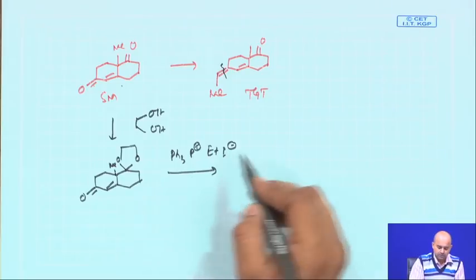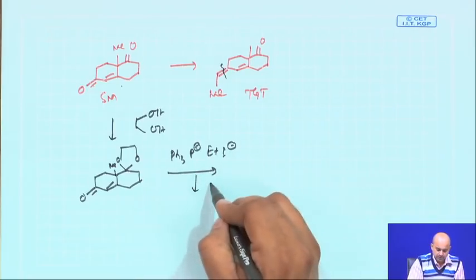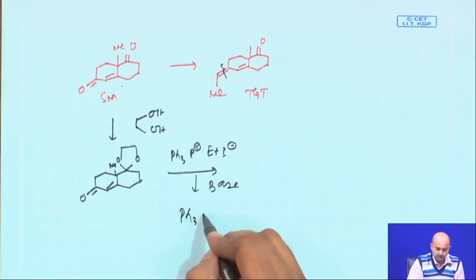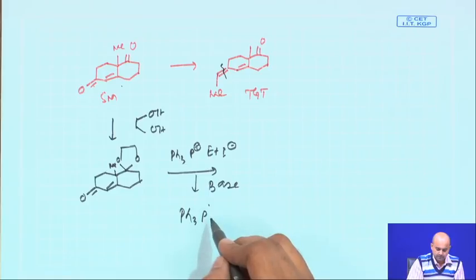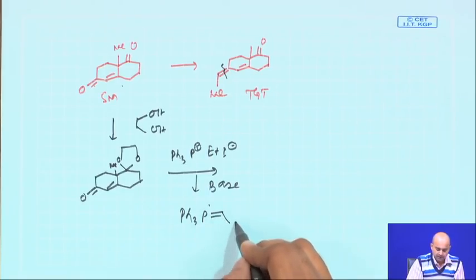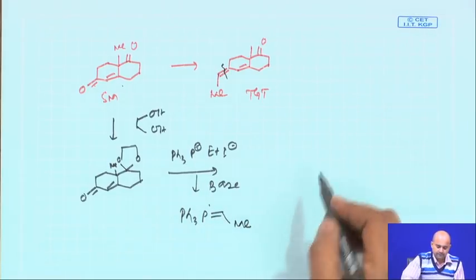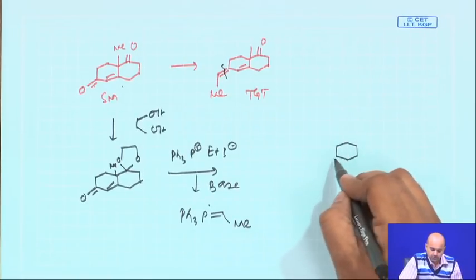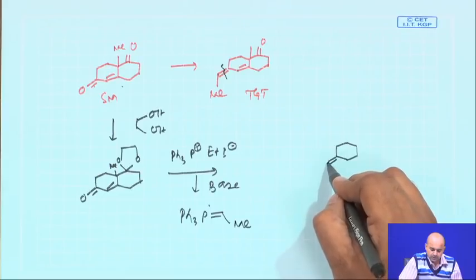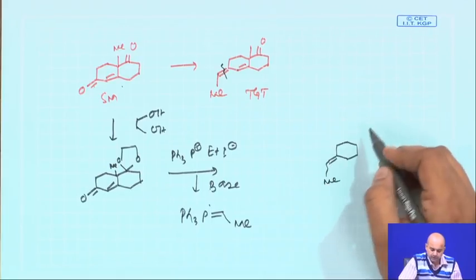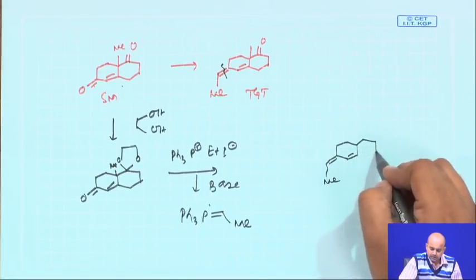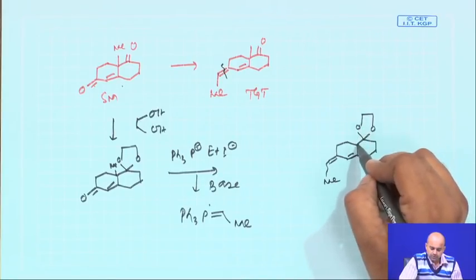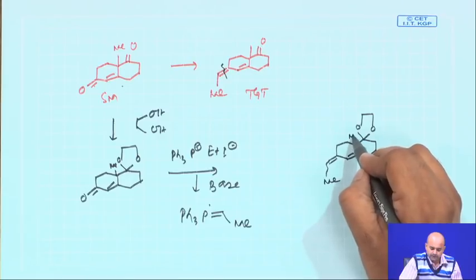When you react this with a base, you get the corresponding ylide. Then do the Wittig reaction, which gives the double bond, whose geometry I have not mentioned here, and the ketal remains as it is.